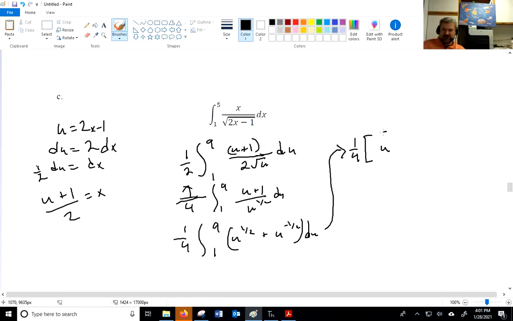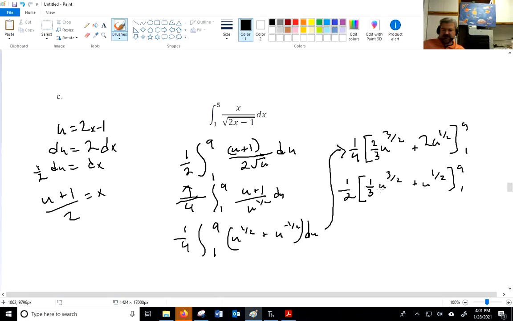This is u to the 3/2 times 2/3 plus u to the 1/2 times 2, evaluated from 1 to 9. Again, I'm going to factor these 2's out, making this a 1/2. And then 1/3 u to the 3/2 plus u to the 1/2. So sometimes I like to do that. Get rid of all those constants.